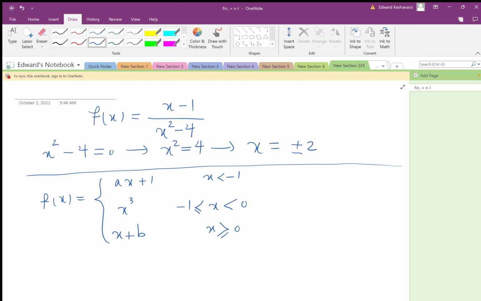So we are going to find a and b. Since we know that function is continuous everywhere, f must be continuous at -1 and 0, because these 2 points are the only points that matter. So let's see.